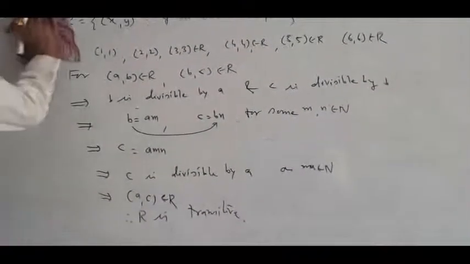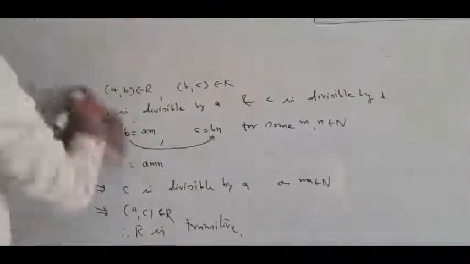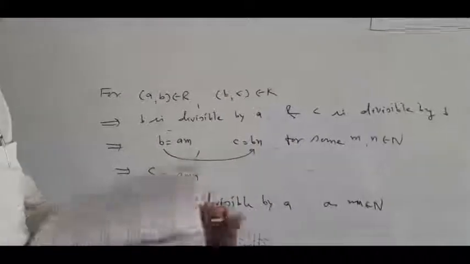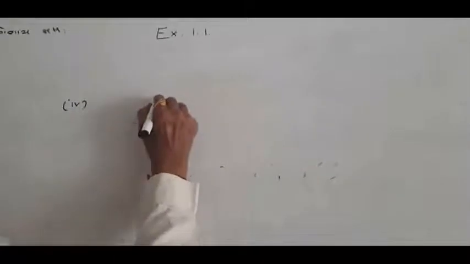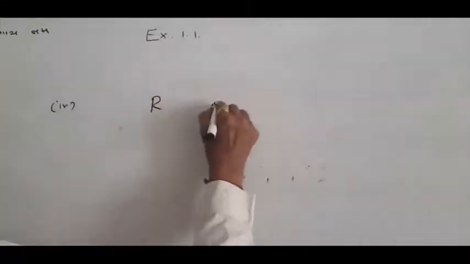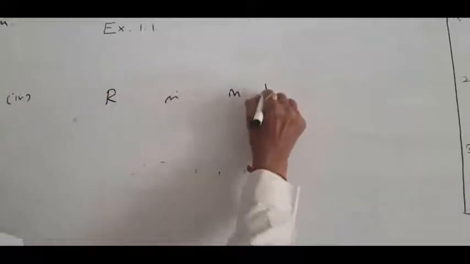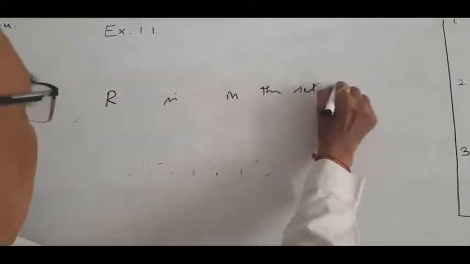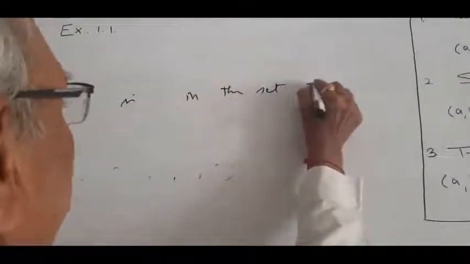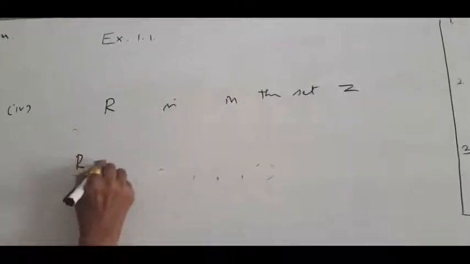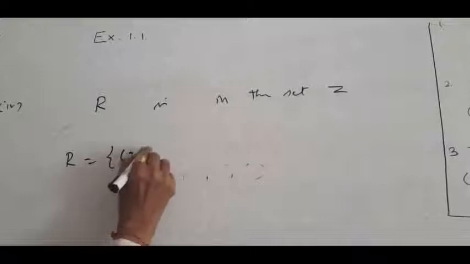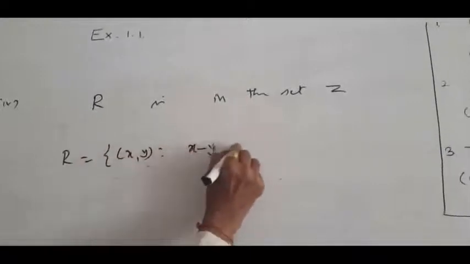Now, four. The relation R is in the set Z of all integers, where R is equal to (x, y) where x minus y is an integer.